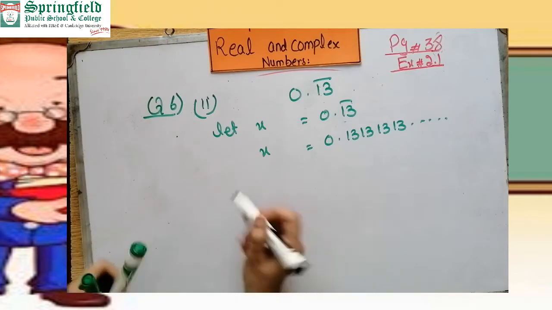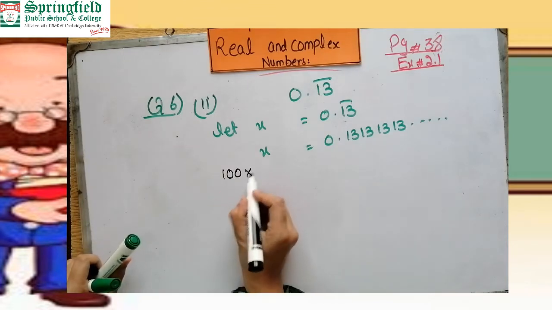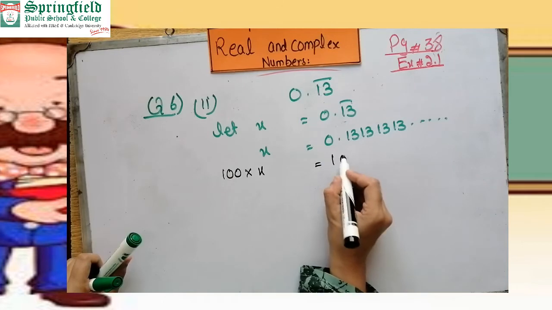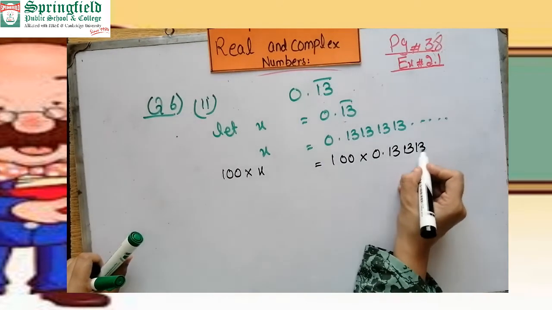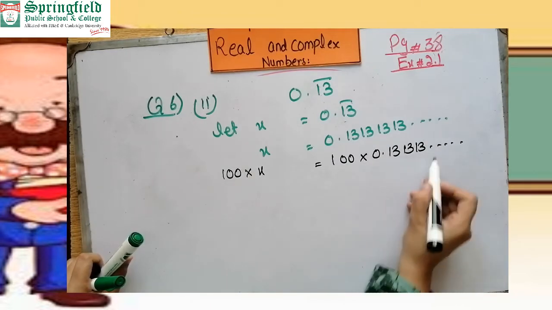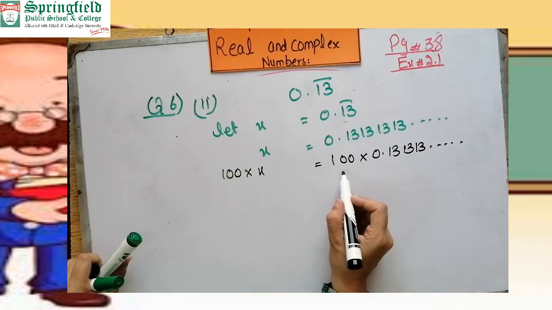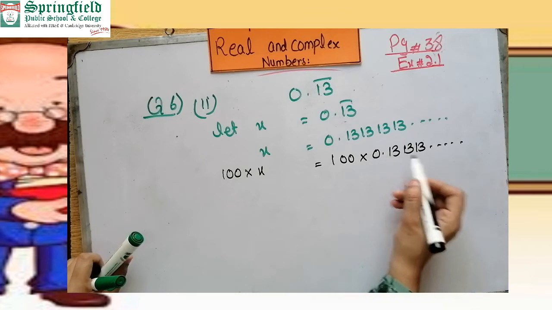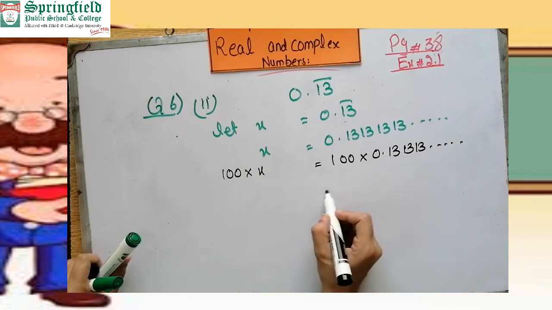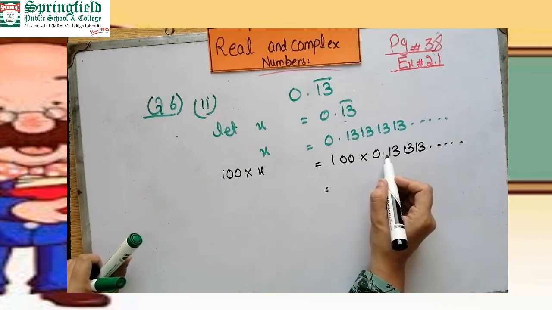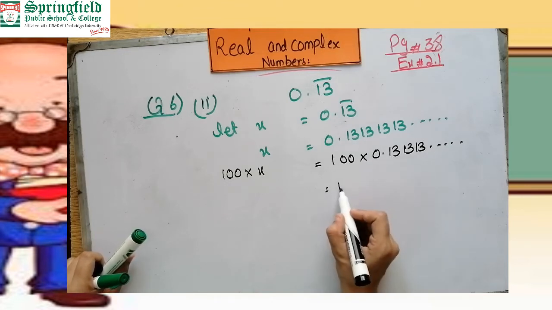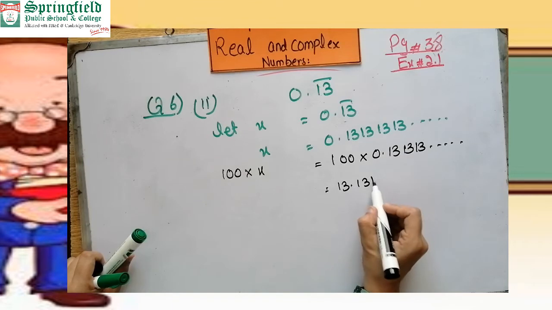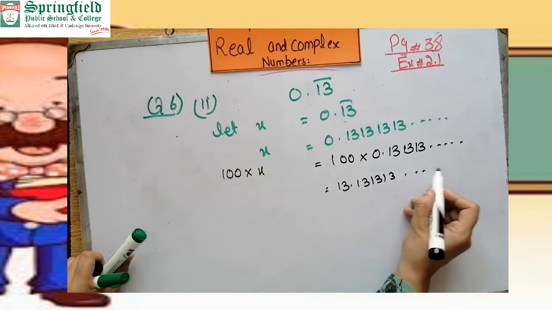So 100 multiplied with x on both sides. When a decimal number is multiplied by 100, 10 or 1000, the point shifts to the right side. With 100, the point will move 2 steps forward, so it becomes 13.131313 and so on.